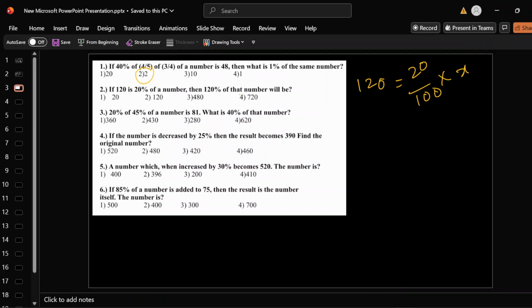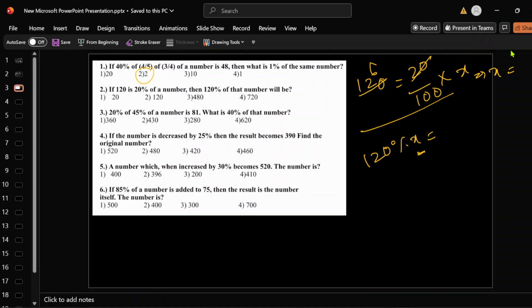And then 120% of that number. That means she is asking for 120% of x. If we simplify this, we'll get the x value and substitute it here. So x equals, on the right side, 100 is left in the denominator.